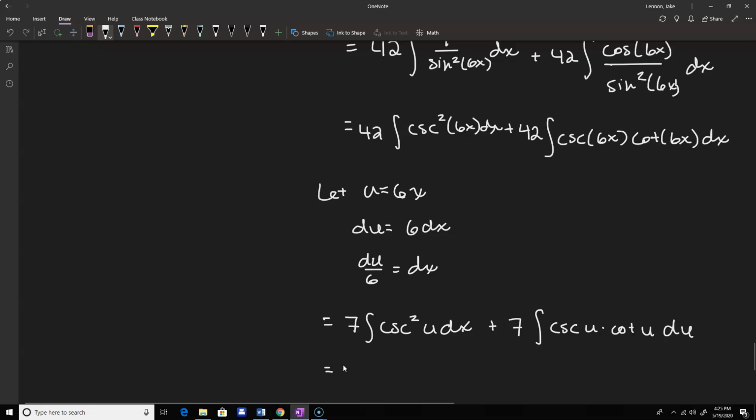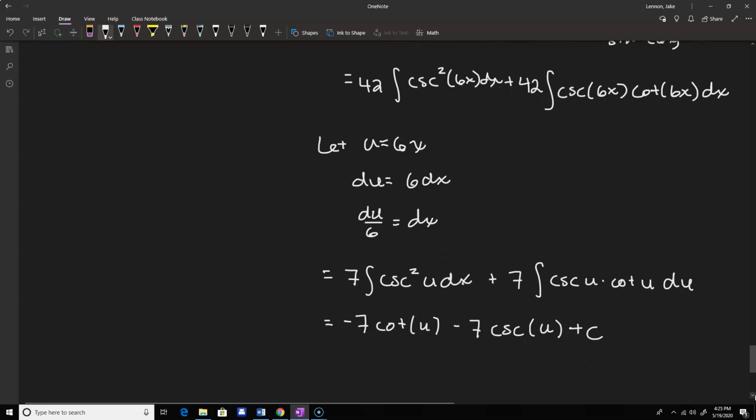So remember that the derivative of tangent was secant squared, so the negative derivative of cotangent is cosecant squared, so this is going to come out to minus 7 cotangent u, and the derivative of cosecant is minus cosecant cotangent, so this comes out to minus 7 cosecant u plus a constant, and then there's just one last step to change that u back to 6x.